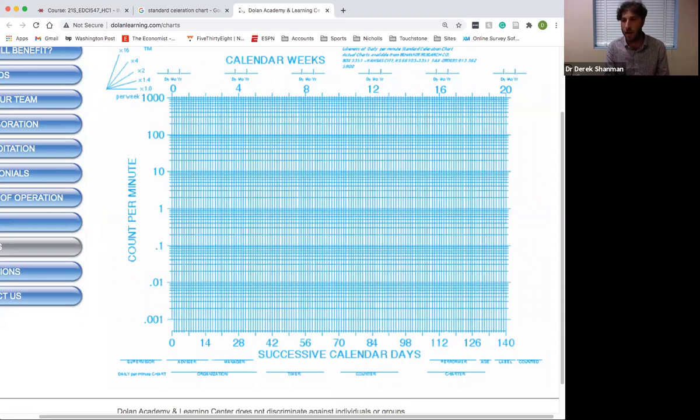Are there any behaviors that are of interest to behavior analysts that lie outside of the purview of being able to be counted per minute? Let me pause. Out of the purview of being able to be counted in some way, shape, or form.